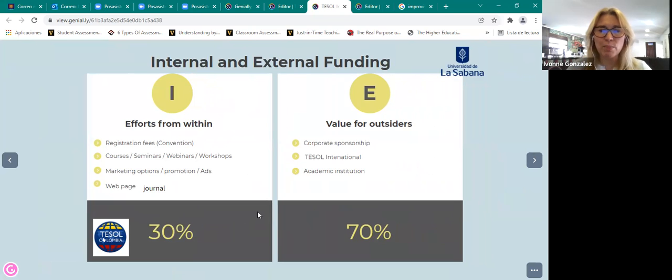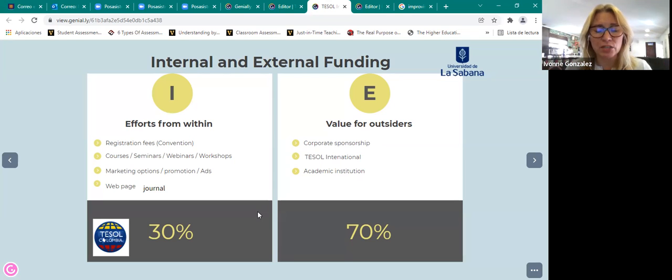And when you think about the external funding, you have to think about the value that you can give the outsiders of the association. And when we analyze those two parts, we have to take a decision on how much we want to give to external funding and internal funding.